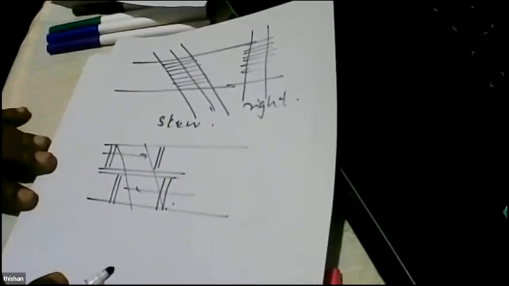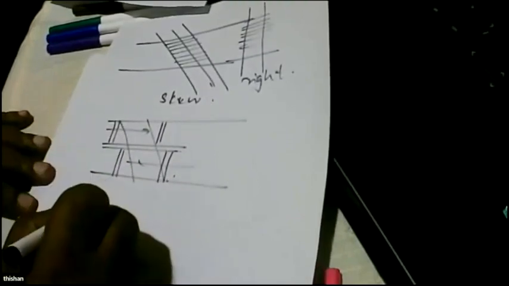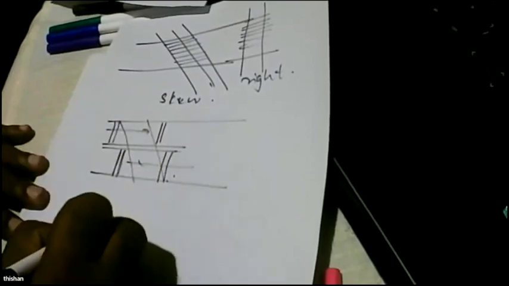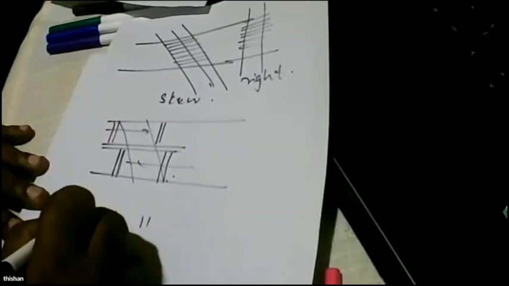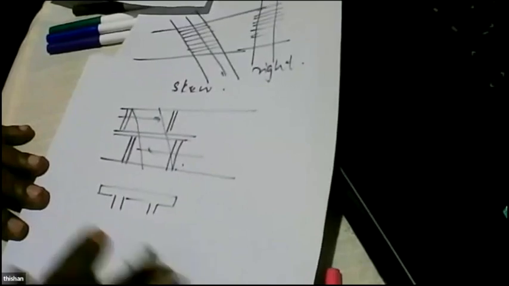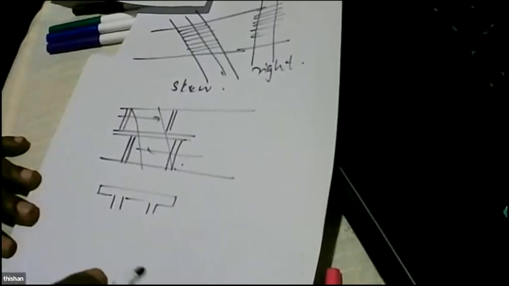When I say the support is like this, it doesn't mean that I'm going to obstruct anything. I will put up 2 columns like this, so that way I can avoid using a skew bridge. Rather than using a skew bridge, I can easily have a bridge which is at right angles.